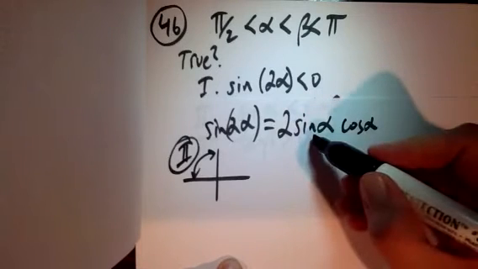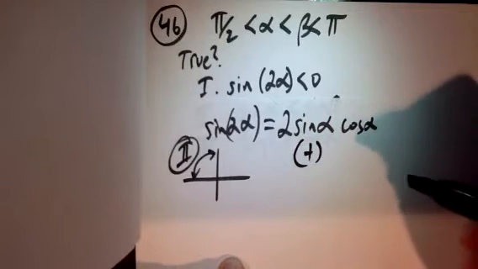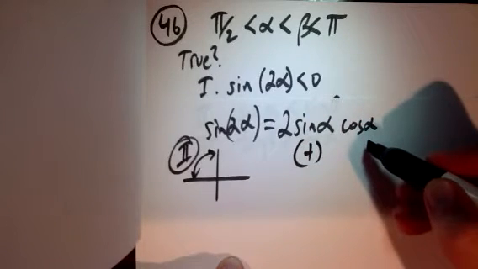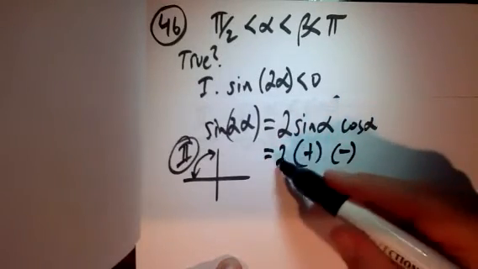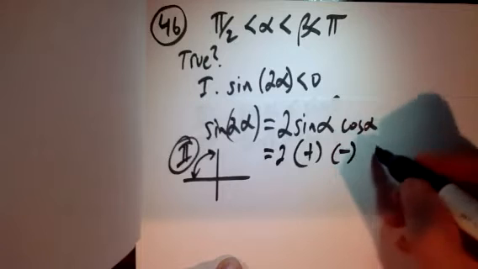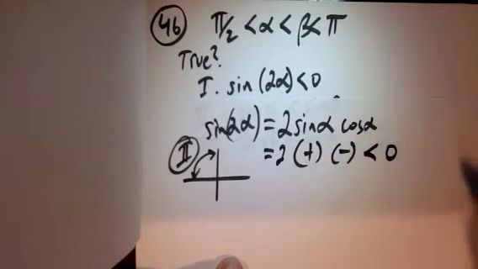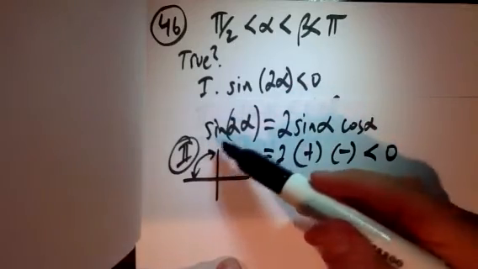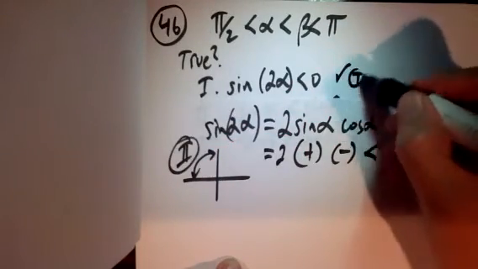Sine is positive in quadrant 2, and cosine is negative in quadrant 2. So a positive times a positive times a negative is negative. So this is less than 0. Is sine of 2 alpha less than 0? Yes, it is. So that's true.